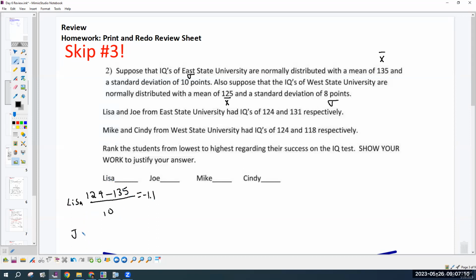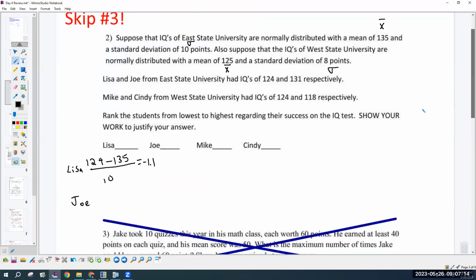Now for Joe, Joe is 131 minus 135 over 10. So Joe has a Z-score of negative 0.4.